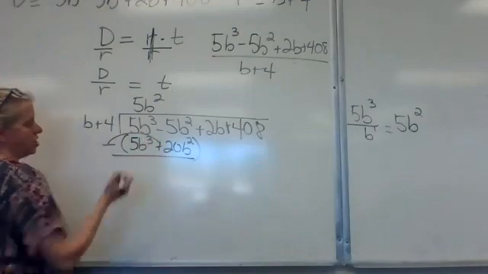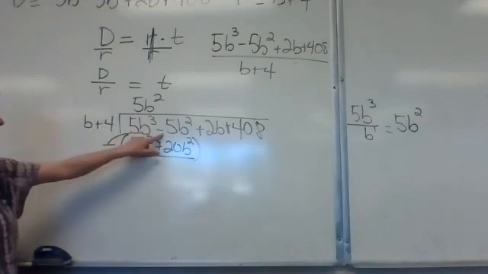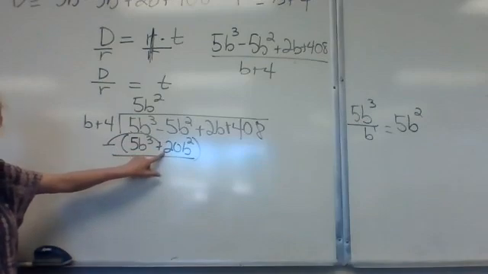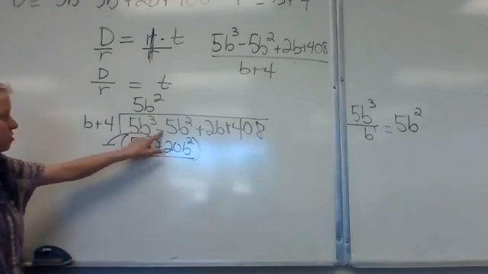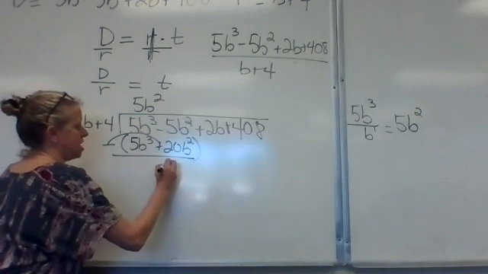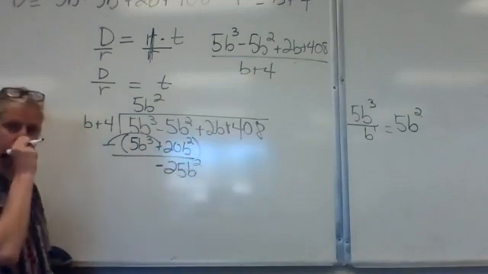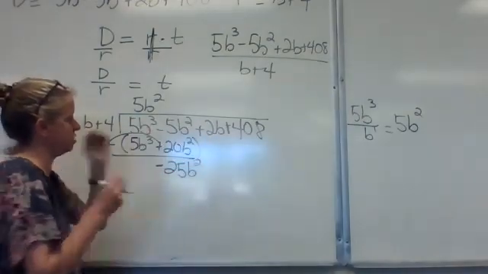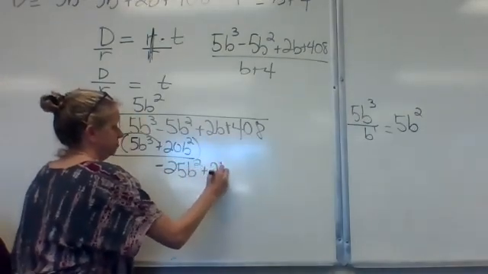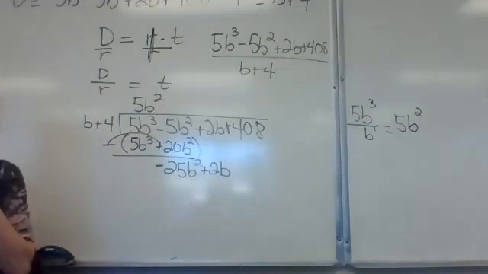Remember, this minus turns that into negative. So I'll have negative 5 minus 20. So negative 5 minus 20 gives me negative 25 b squareds. Then drop down your next thing, which is a plus 2b. And then start over.